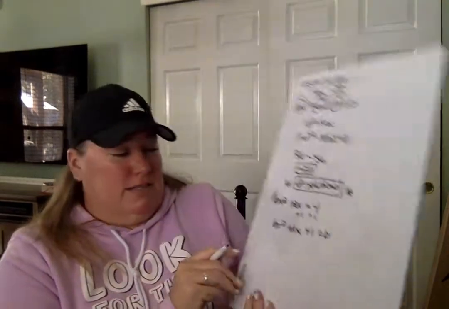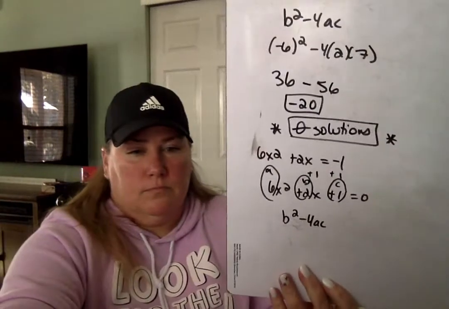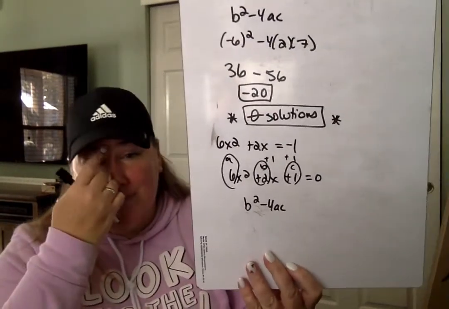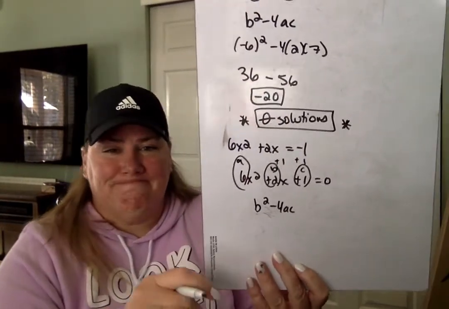Identify ABC, because now we're good to go with the equals 0. You're good for your b squared minus 4ac. So A, B, C. Plug your numbers in.